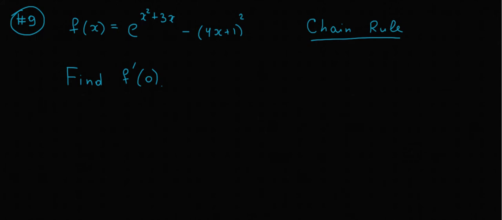Chain rule is a differentiation rule that tells us how to make a substitution in a formula for a derivative of some function. So suppose we start with the derivative of some function f of x, and let's say we know what this derivative is. I'll write f prime of x for that derivative.